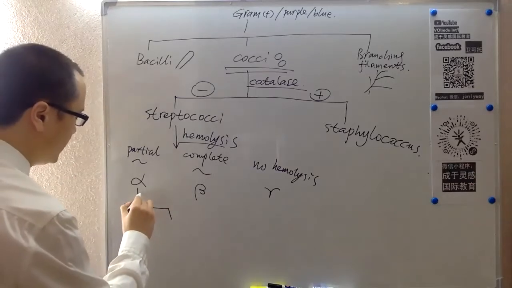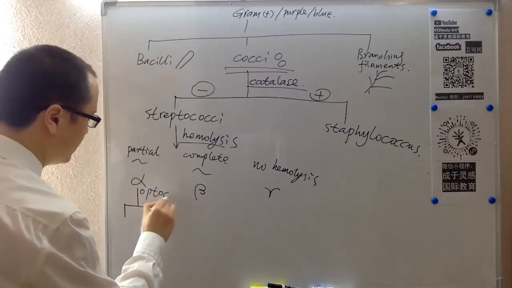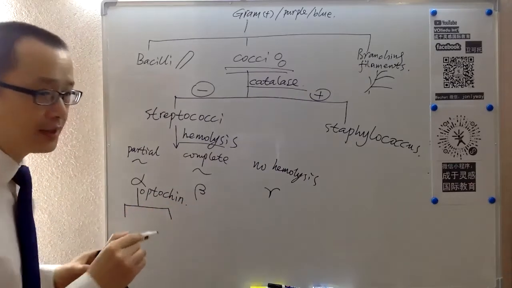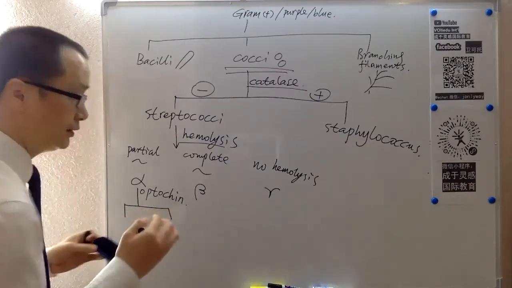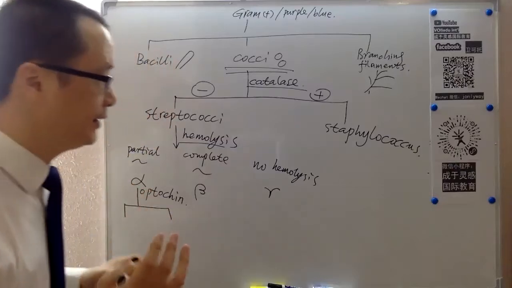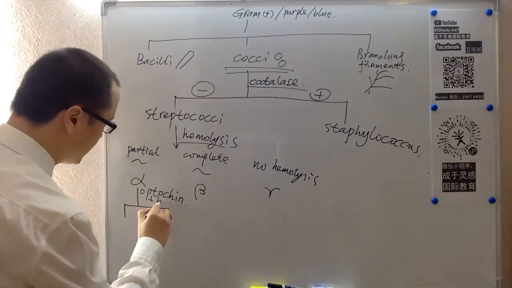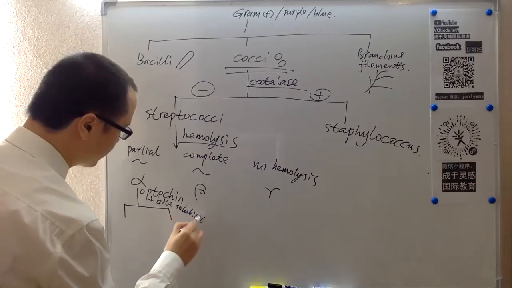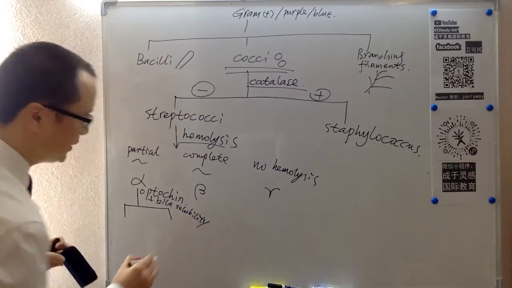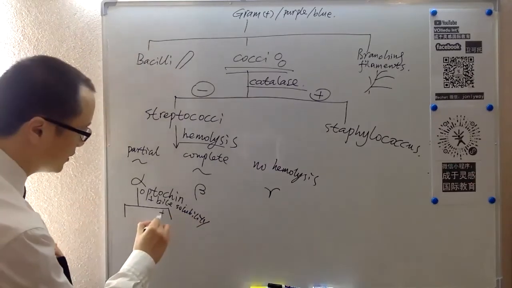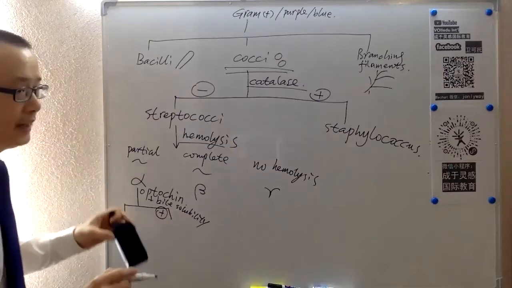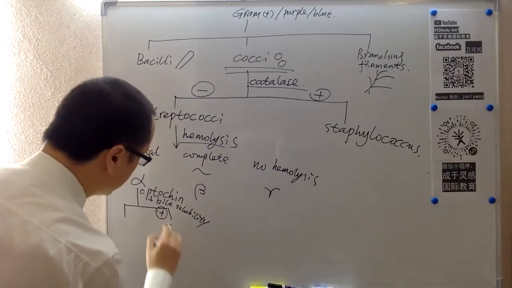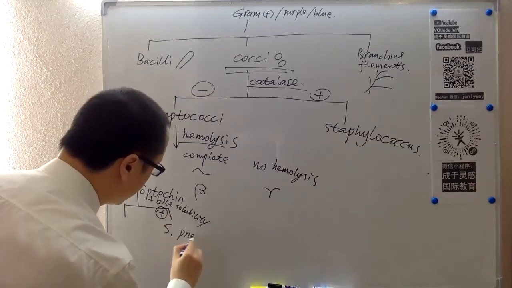The alpha streptococci can be further separated by the optochin reaction plus bile solubility. If it is sensitive or positive, the streptococcus should be Streptococcus pneumoniae.